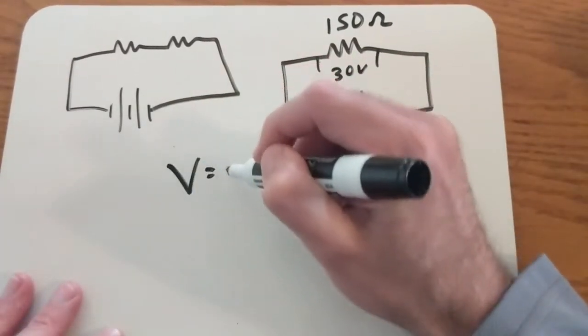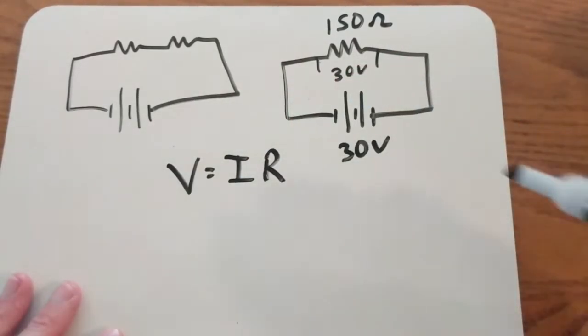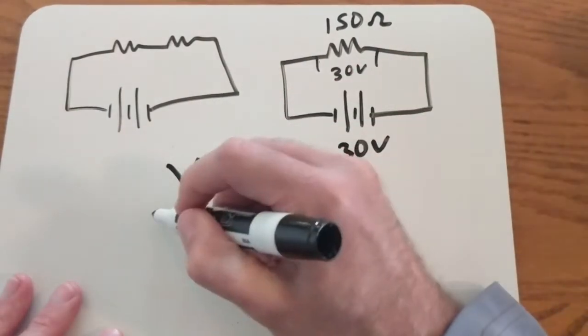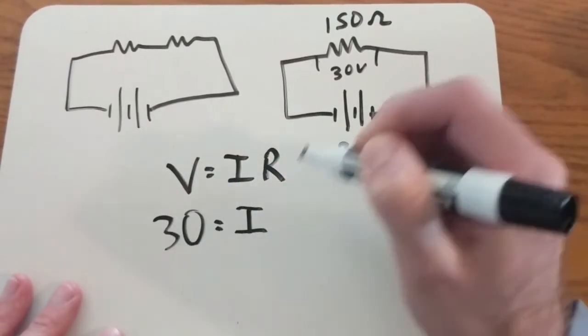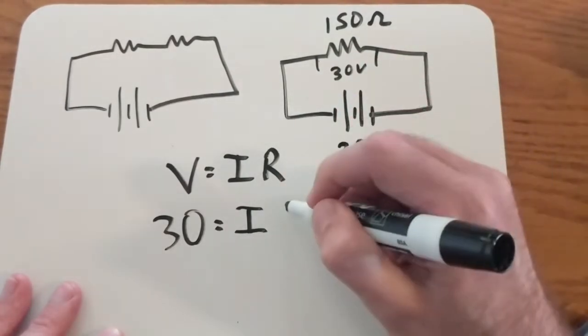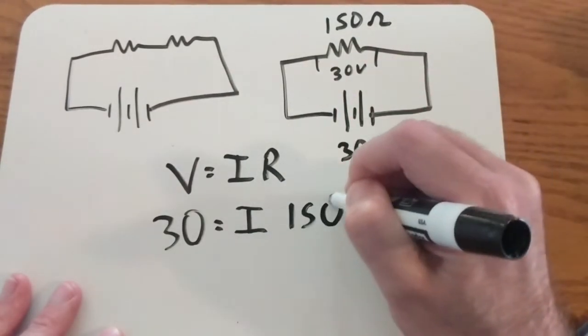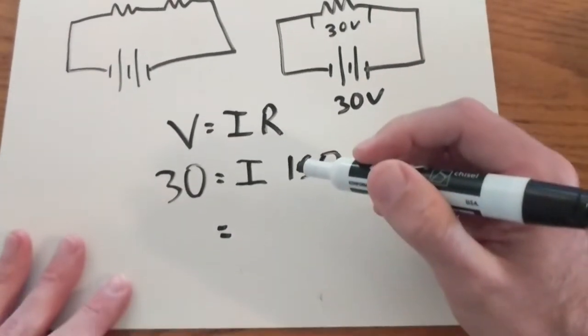So going back to our first problem, we just use V equals IR. We can see that the voltage is 30 volts. All right, we're looking for the current, which is I. Our total resistance is 150 ohms. All right, and we solve for I using simple algebra.